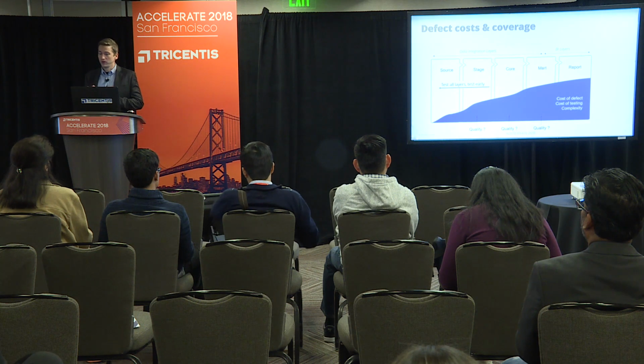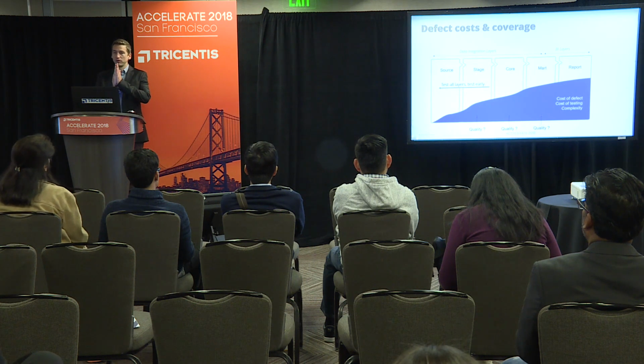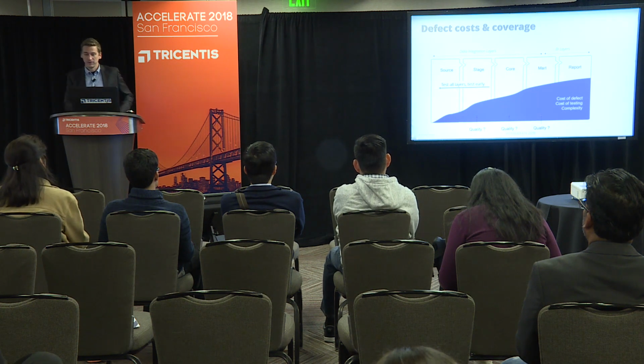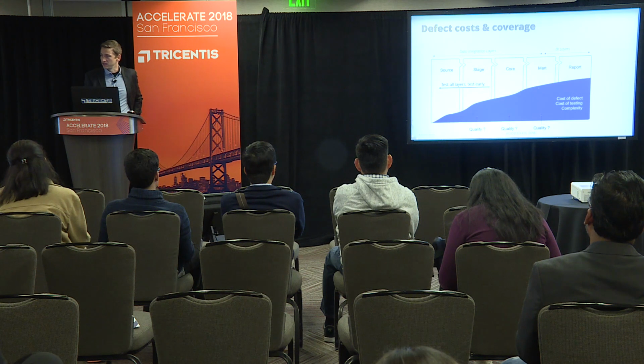Also, we don't want to concentrate only on the source, but be able to test every layer: the source, the stage, the core, the mart, and the report. Why? Because if we find an error in a data mart, and we only test here, as an example, we don't necessarily know where the error originated.